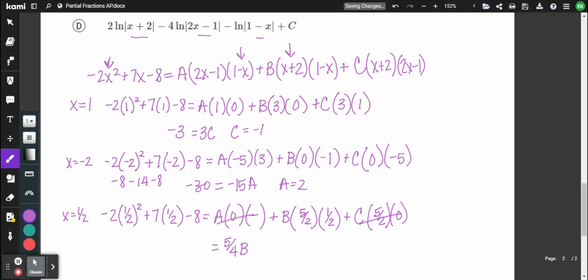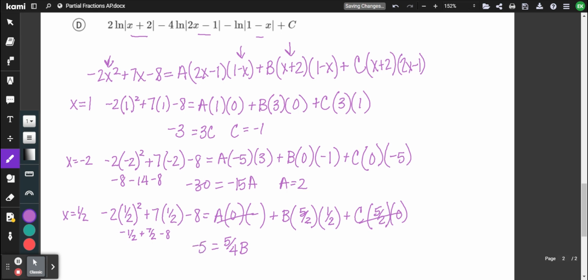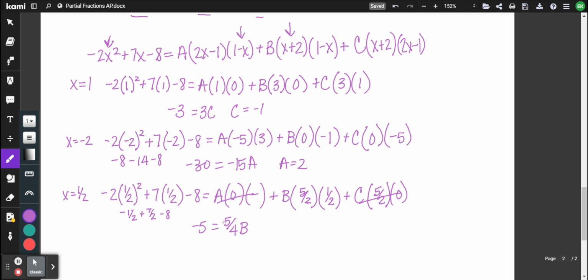And then over here we have negative 1/2 plus 7/2 minus 8. Negative 1/2 plus 7/2 is 6/2, which is 3, minus 8 is negative 5. So negative 5 divided by 5/4, or times 4/5, is negative 1/4.